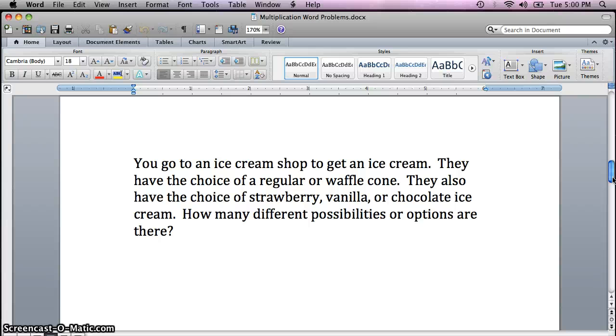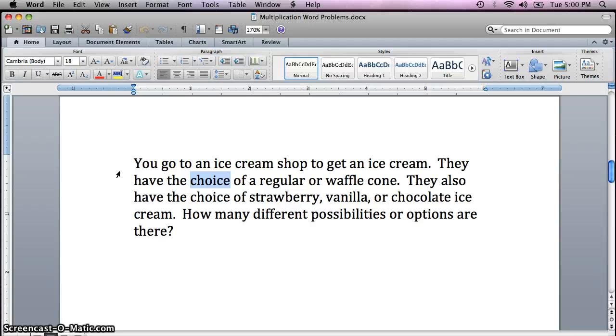This is a little bit different from the previous question we had. In this problem, we're going to look for keywords that are going to indicate that multiplication is indeed the operation we must complete. So in this particular problem, this word choice right here is an important word. It's indicating that there are options, that we have choices.